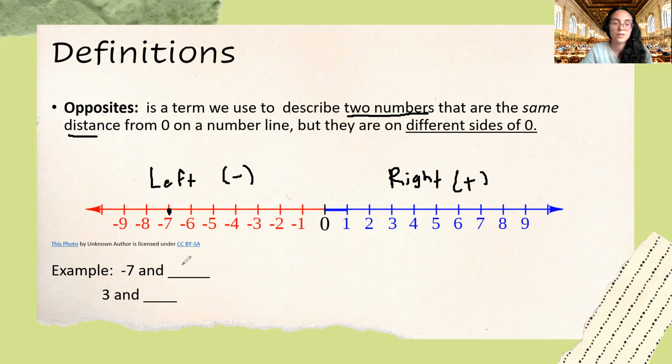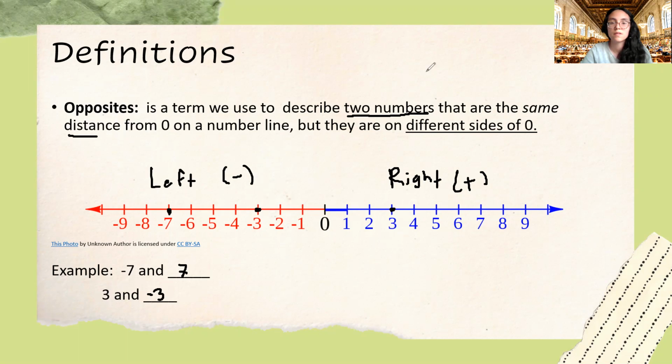So the opposite of -7 is +7, and these two are opposites. Next, we have +3, and what would be the opposite of +3? What would be another number that is on the other side of zero? If +3 is on the right side, then -3 right here would be on the left side. So it would be 3 and -3.